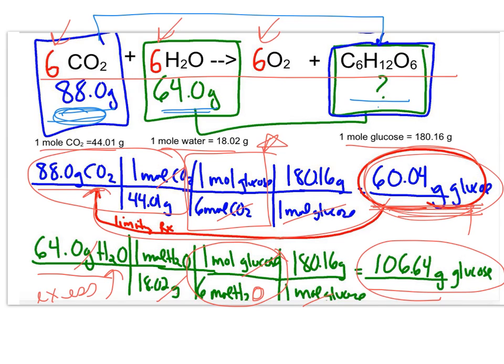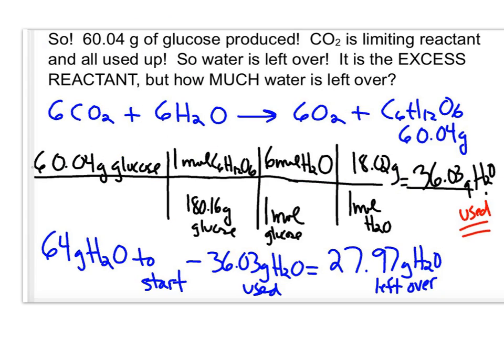So now I have to do an additional step because the problem asks me how much water is going to be left over. Remember, I'm starting with 64 grams of water to start. So this is what we do next. So again, I am looking at my balanced equation, and guys, basically this is a third stoich problem that you have to do.